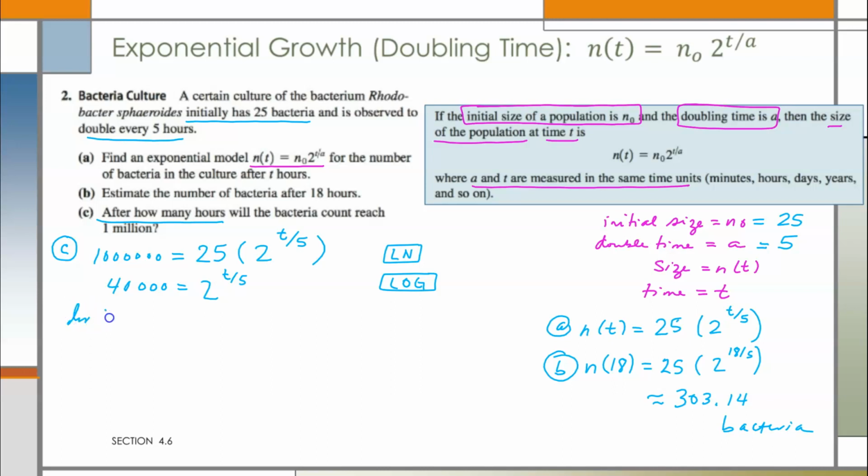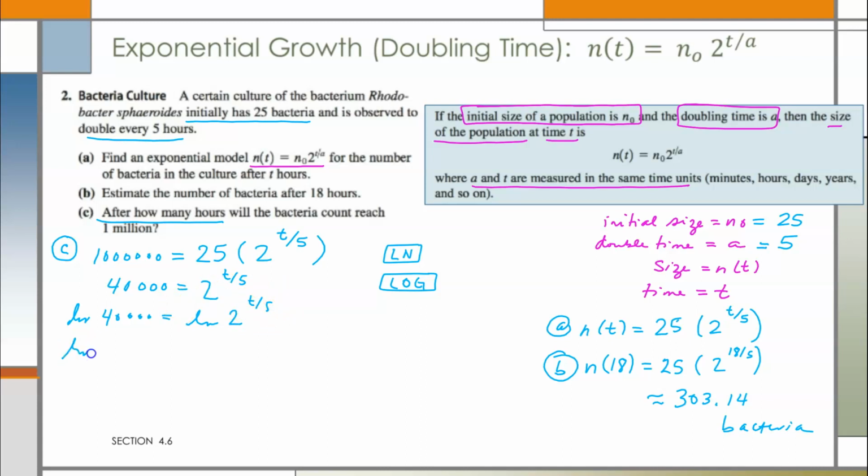So we have the ln of 40,000 is equal to the ln of 2 to the t over 5. Now, it didn't seem like that helped much, but it did, because now we can use law number 3 of logarithms. The law of logarithms says if I have an exponent, we can write the exponent out front.